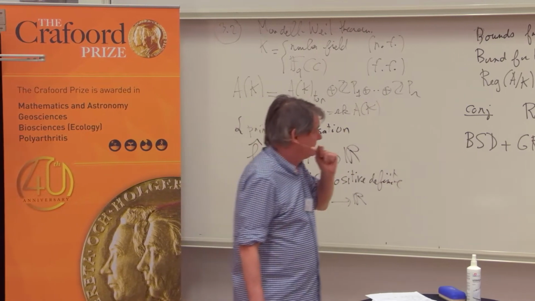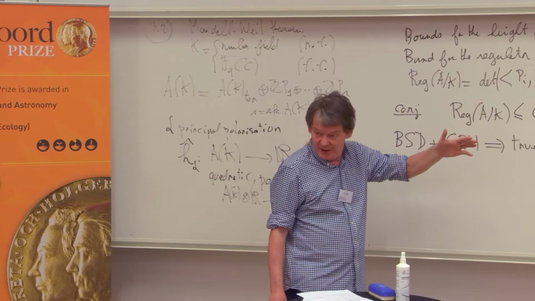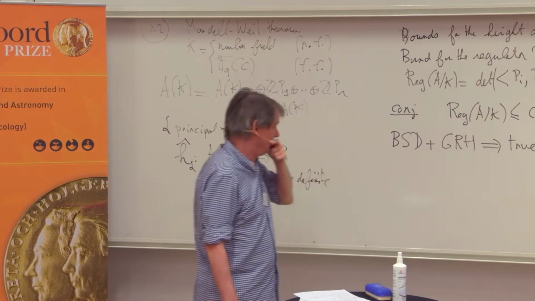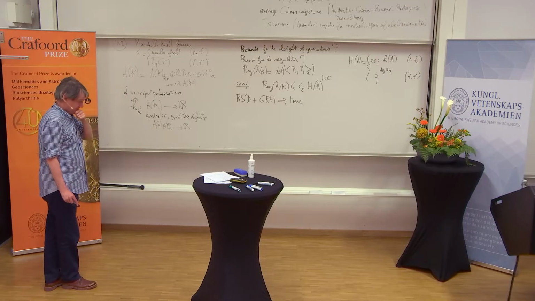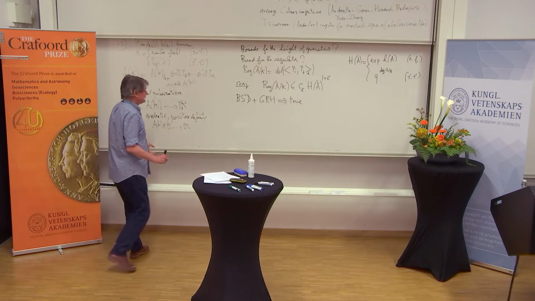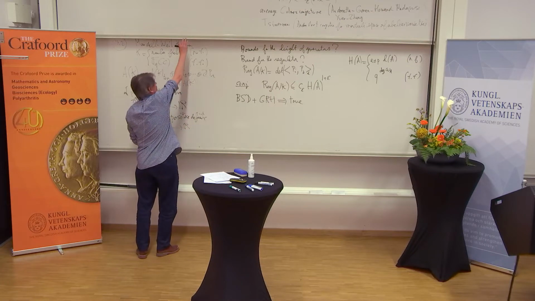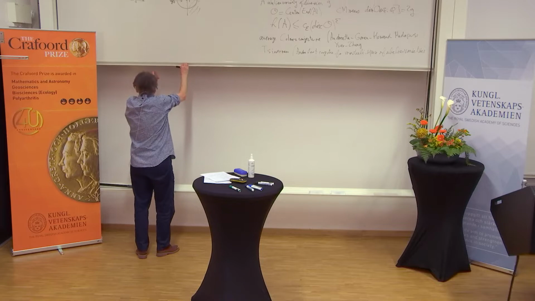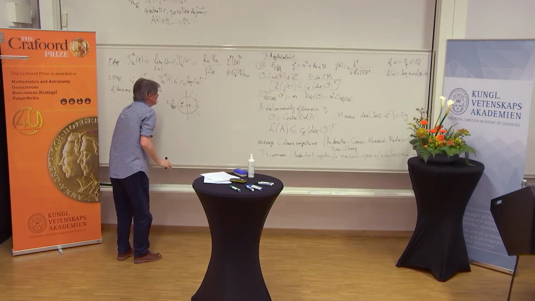So you have an upper bound like this, let's say, for many abelian varieties over function fields. So I will leave this that way. So this was my second problem I wanted to quote.